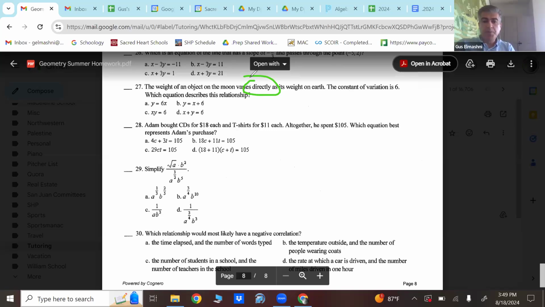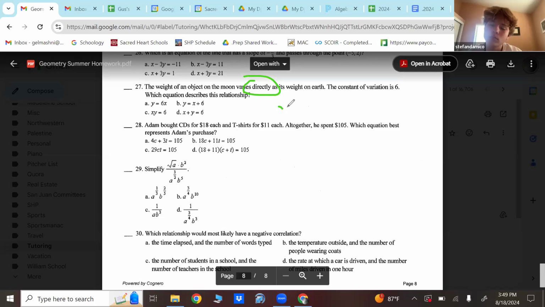A great example would be your height and a tree's shadow. Let's say a tree is 20 feet tall and you're 6 feet tall. If your shadow's 12 feet long, the tree's shadow is 40 feet long, because that's a consistent ratio. Of course, as time passes and the sun moves, that could change. But at a particular moment, that's called a direct relationship.